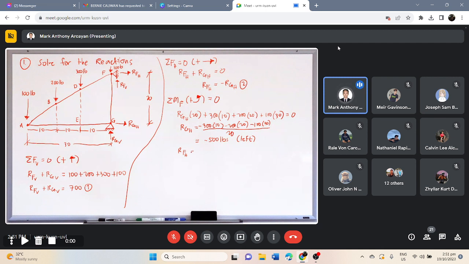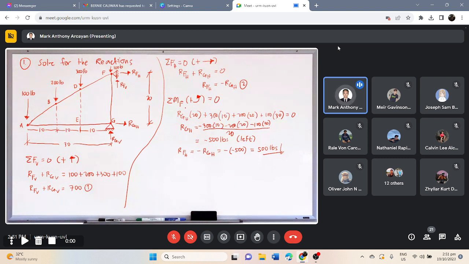So RFH is equal to negative of RGH, which is the negative of negative 500, so positive 500 pounds. So RFH has the correct direction, pointing to the right, while RGH points to the left.